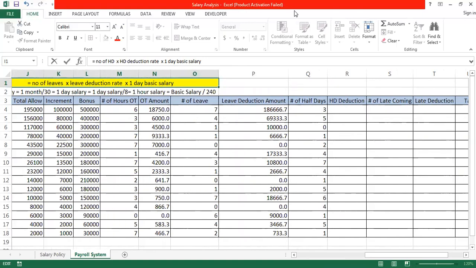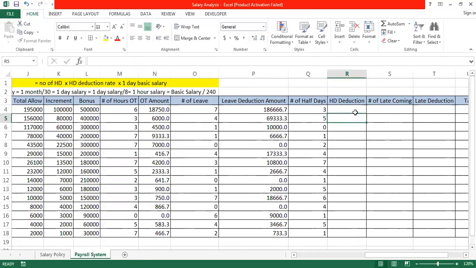Whenever any number of half days is divided by 2, for example, think this is equals to number of half days divided by 2, because 2 half days will give 1 day. So we are going to divide the number of half days by 2.